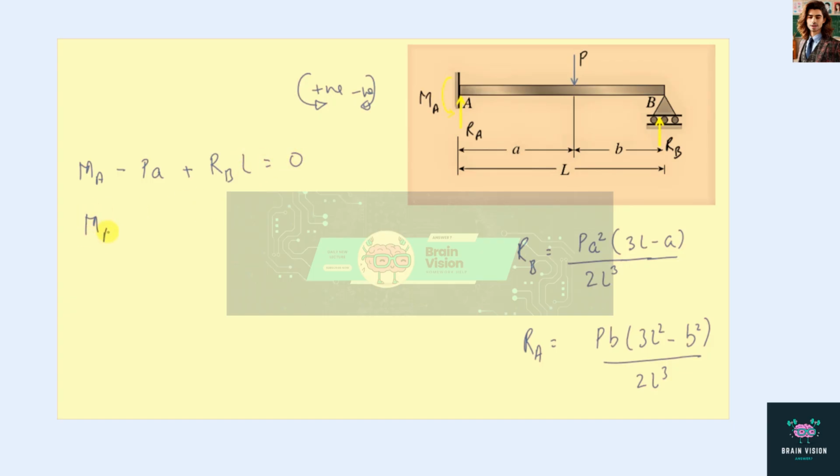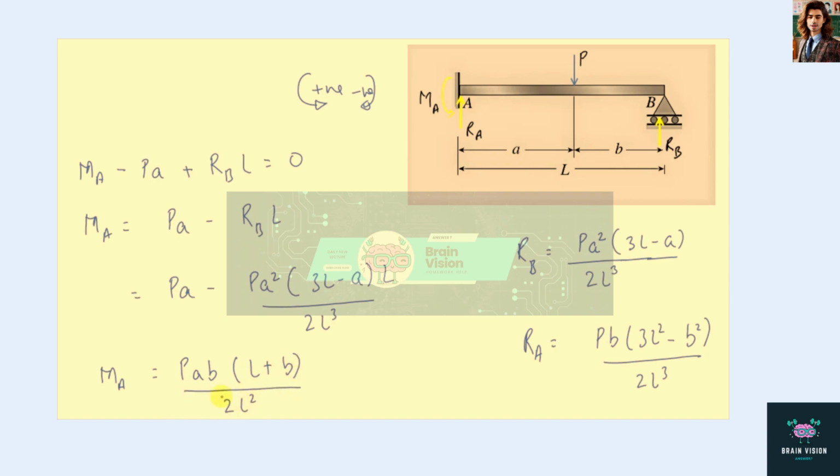From here the expression for MA would be equal to P a minus RB times L. Now we plug in RB, P a squared times (3L minus a) divided by 2L cubed, times L. Simplifying this, we get MA equals P a b times (L plus b) divided by 2L squared. So this is the expression for MA that was asked in the question.